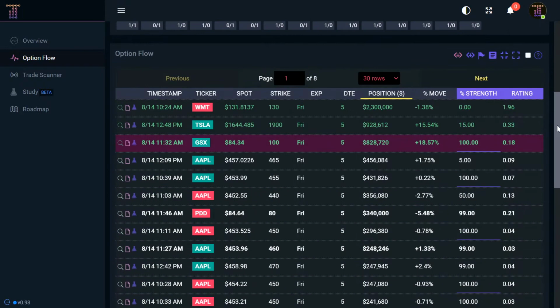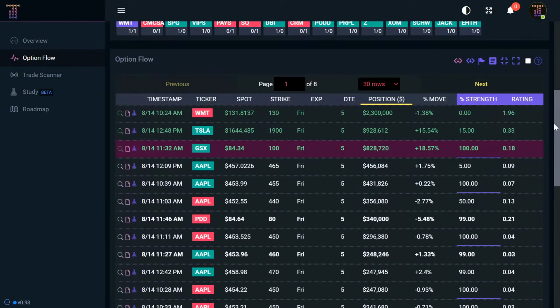Other things to consider: OTM is out of the money, and it's considered a significant risk on a shorter term expiration day. So if you're seeing some sweeps coming in, and let's say you're on a Thursday trading day into a Friday trading day coming up, and you are seeing all these massive sweeps for the Friday expiration, that only leaves one day for that move to happen.